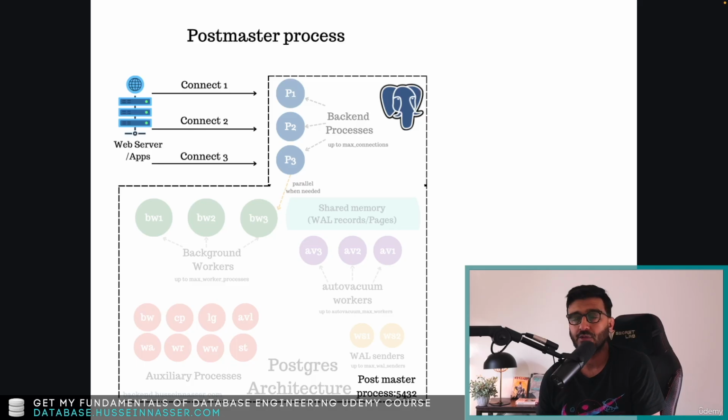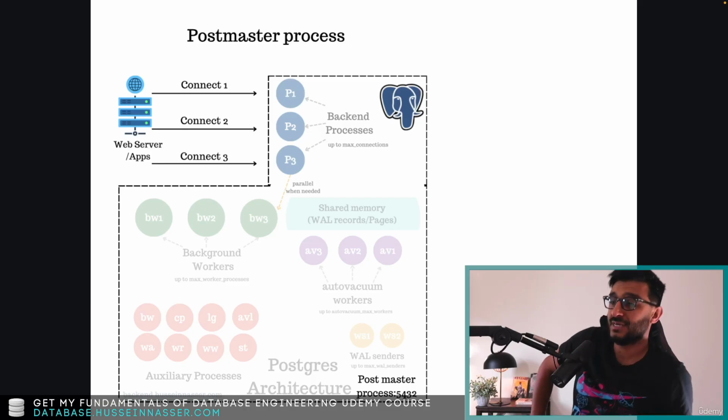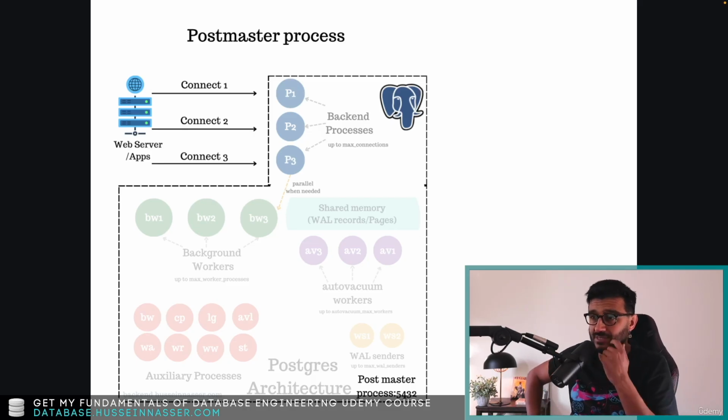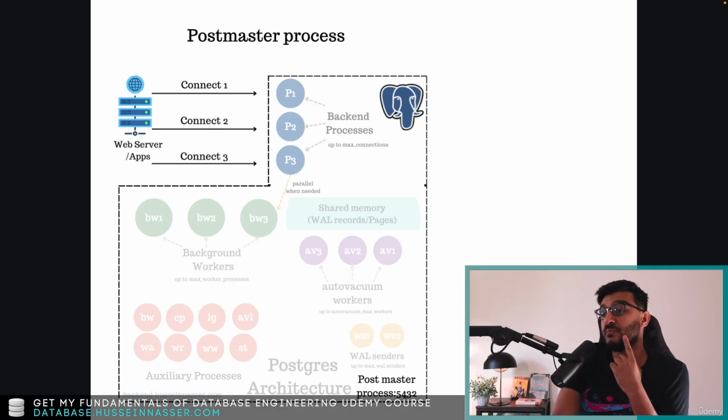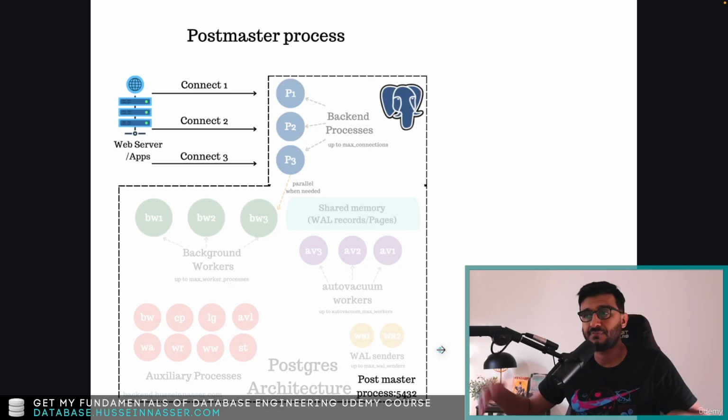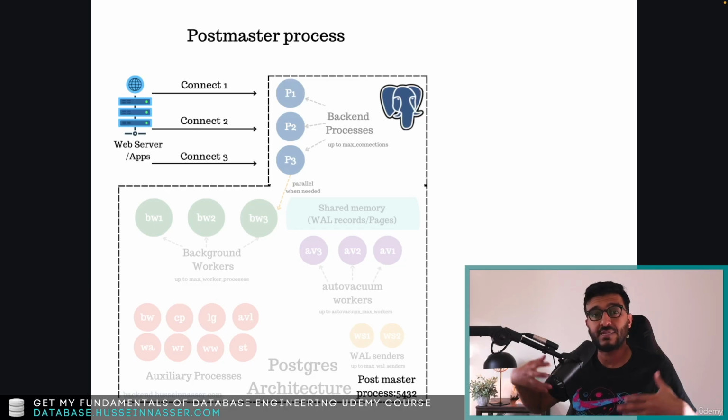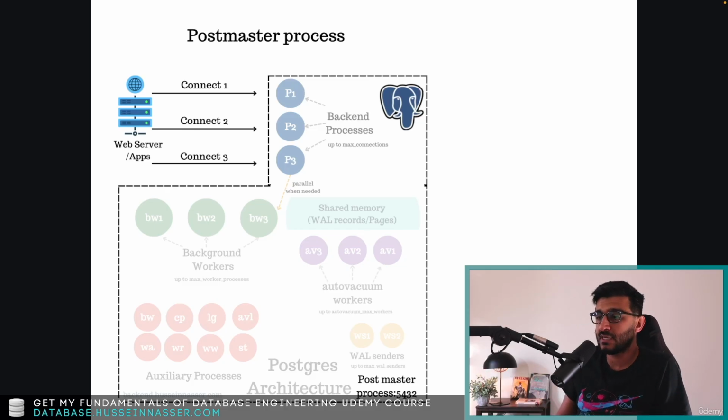That's why when you do top in Linux or Task Manager in Windows, you'll see a lot of Postgres processes. And we're going to talk about why that is the case, right? So yeah, the first process is basically the postmaster. That's the listener, and clients connect to this listener, effectively.